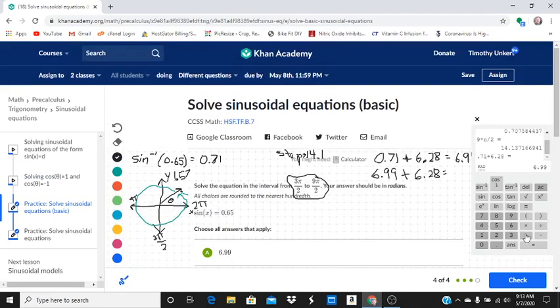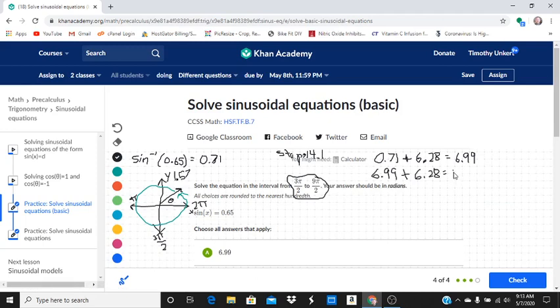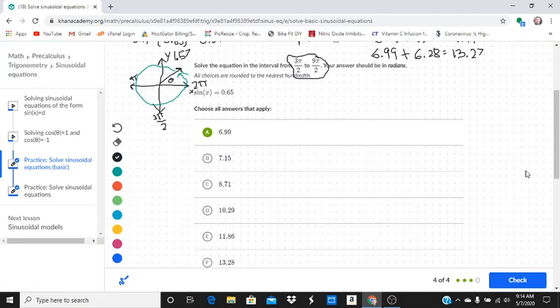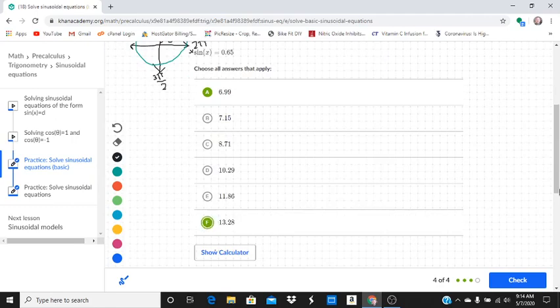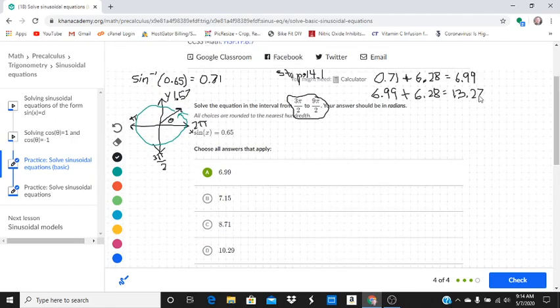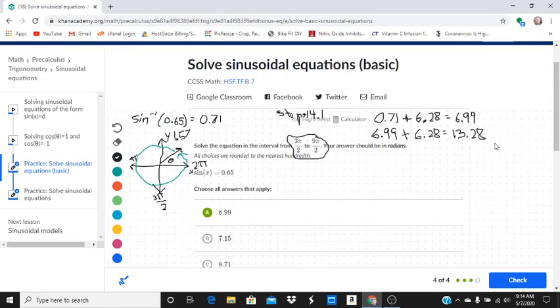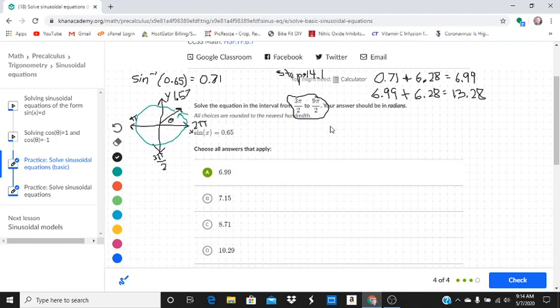So now we want to add 6.28, and that gives 13.27, so we're still under 14.1. So we've got those two solutions. If we add 6.28 again, we go above 14.1, so we can't do that.